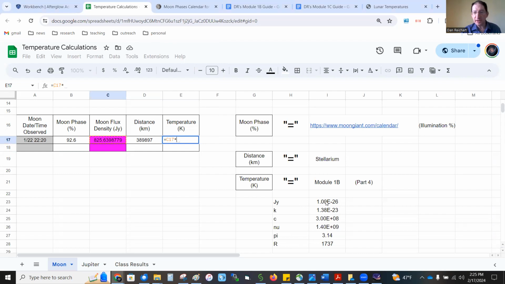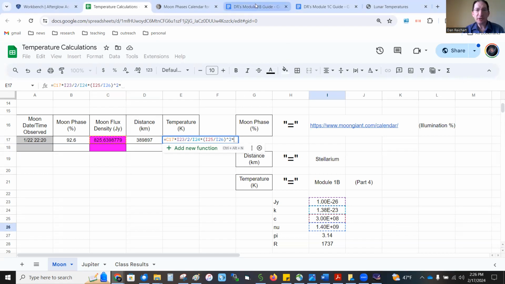I have all the constants you need right here, times the conversion from Janskys into a proper MKS unit, divided by 2, divided by Boltzmann's constant, times parenthesis c divided by the frequency, unparenthesis squared, the whole thing squared, times, let's check our equation here, distance squared, that's this, distance squared, divided by pi, divided by the radius squared.